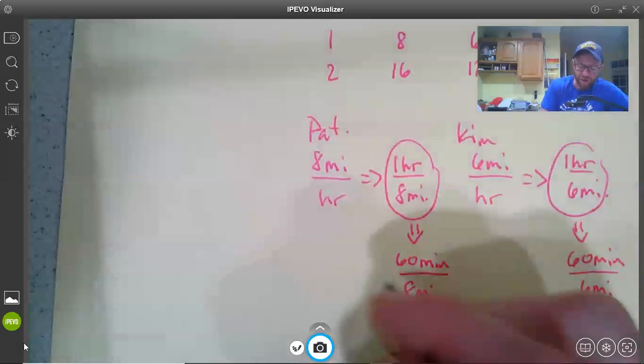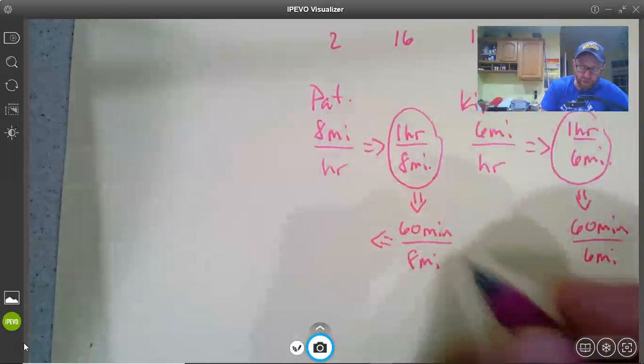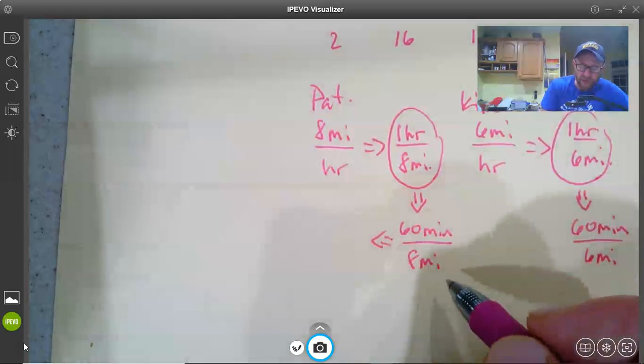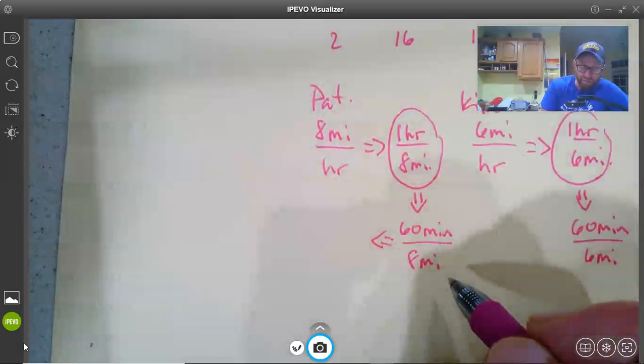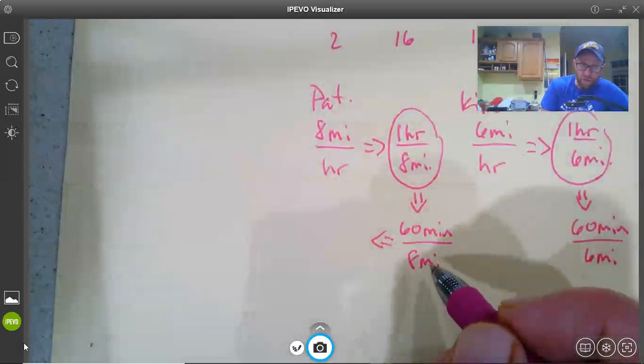And let's simplify that if we can. It's like the most weird way of setting this up. 60 divided by 8 is, let's see, it's 30 over 4.